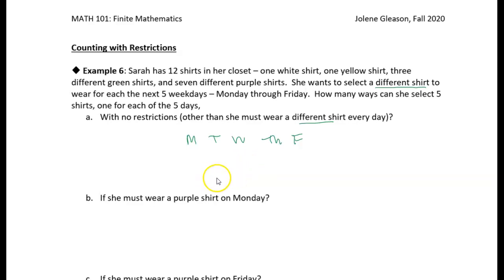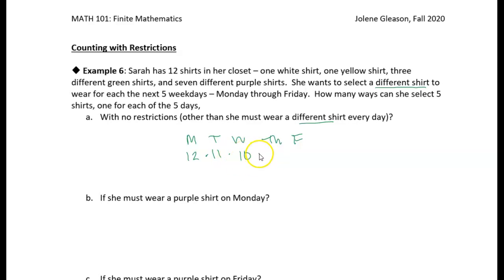On Monday she's got all 12 of her shirts available, so she has 12 choices. On Tuesday, she's already worn a shirt on Monday, and she's not going to re-wear it during that week, so she only has 11 shirts to choose from. On Wednesday, she's worn 2 of her 12 shirts, so she only has 10 left.